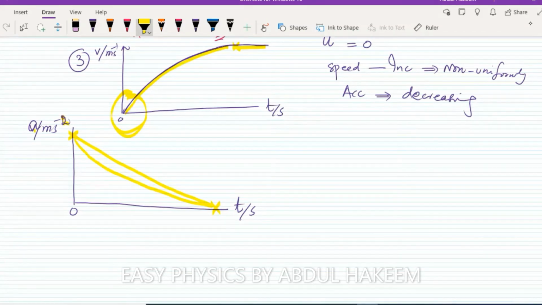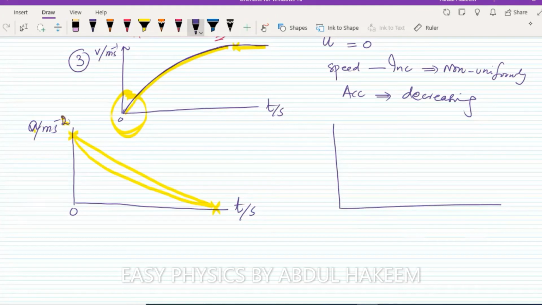So here the acceleration is decreasing. Velocity is increasing, but the acceleration is decreasing. And the acceleration finally is 0.